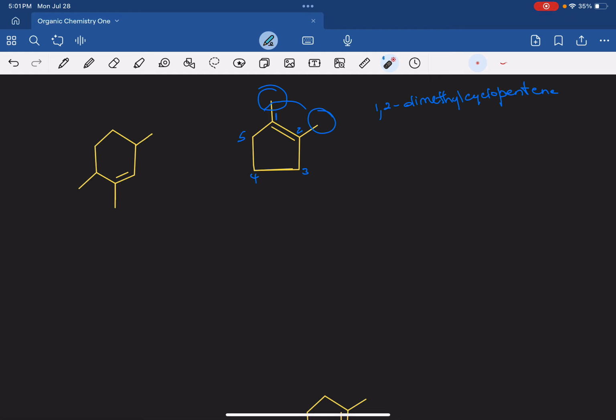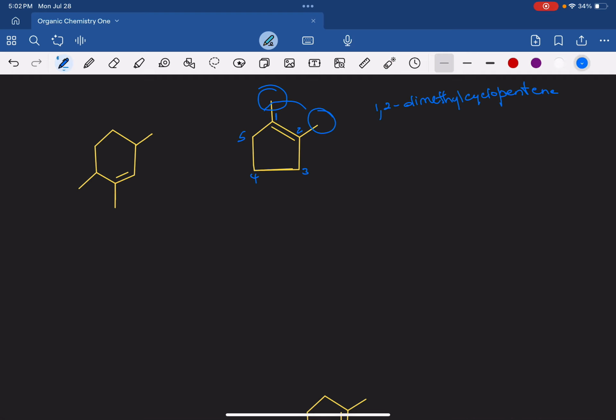Whenever this happens, remember you have to number 1, 2 in the direction that gives the substituent you encounter first the lower number. Which means every time without fail, if you have a substituent on one of the carbons of the carbon-carbon double bond, that substituent must be number 1. I already know 1, 2 is right here, but where do I put number 1? You don't even have to play around with it. Number 1 is right here.